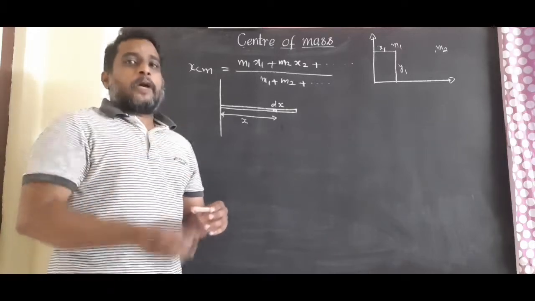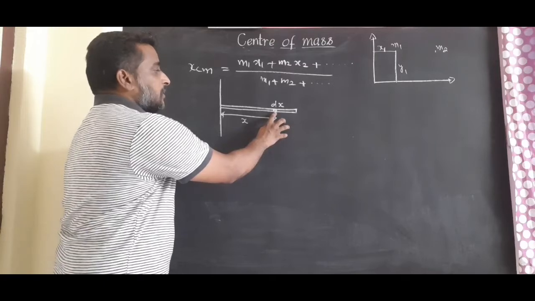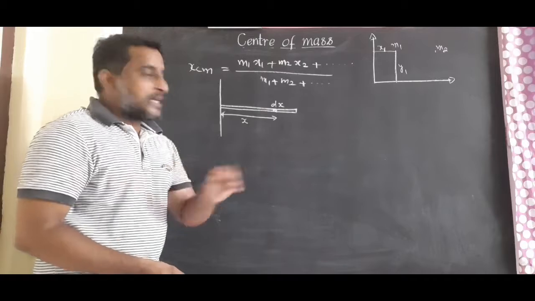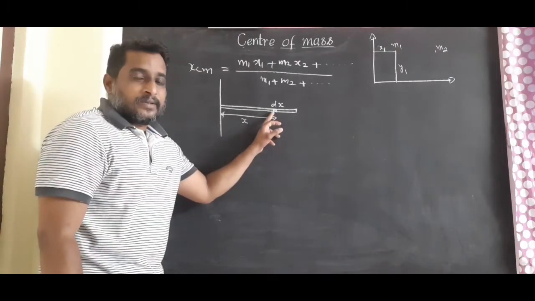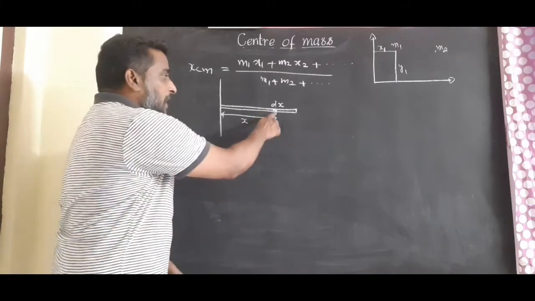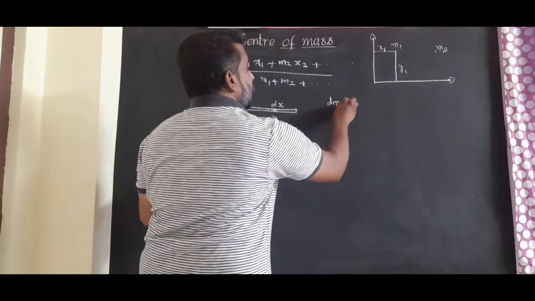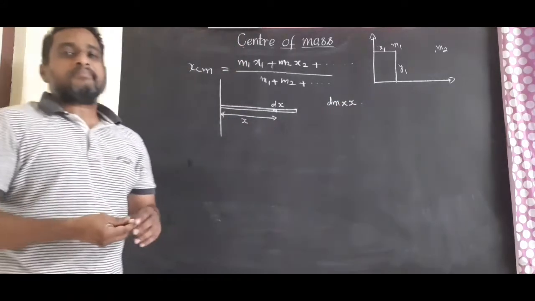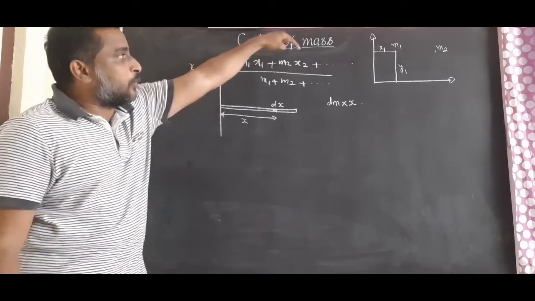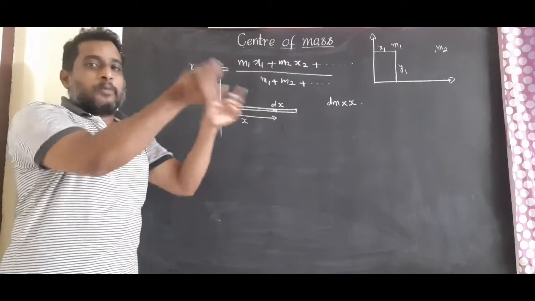So in the first step we have to calculate the moment of mass of this particle about y-axis. If dm is the mass of this small element or that particle, then the moment of mass of this particle about y-axis will be given by dm into x. If you look at this equation, in the numerator part we are having the sum of moment of masses of all the particles about y-axis.